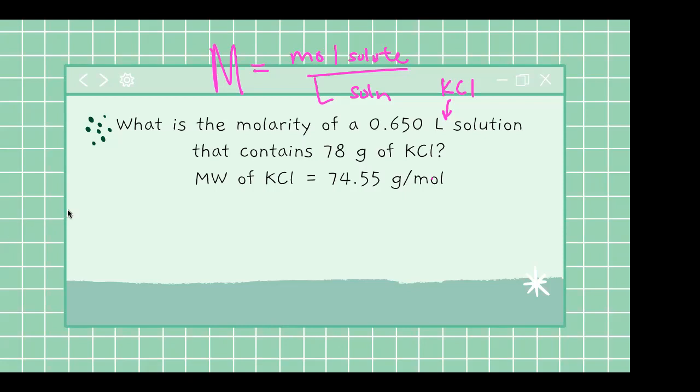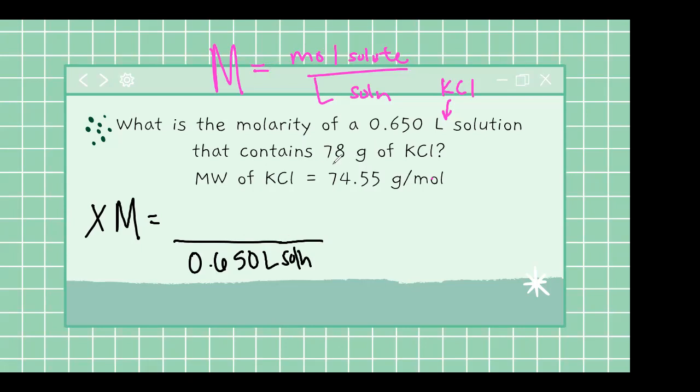Okay, so we're trying to find molarity. We can plug this 0.650 liters of solution in there. Okay, and then we can convert this 78 grams into moles, right? Moles of solute. So 78 grams of KCl.